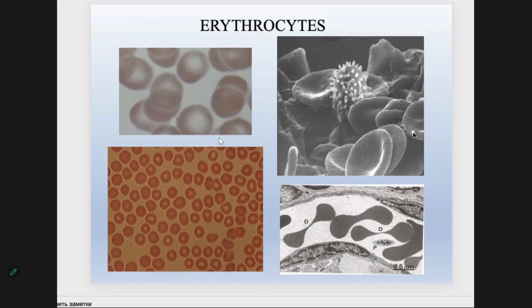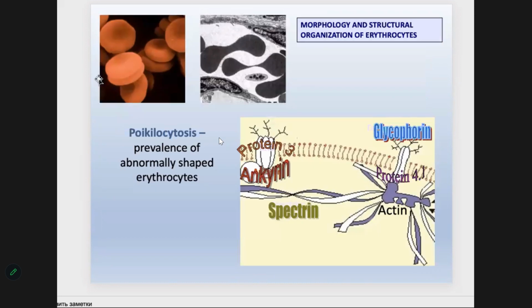But some erythrocytes are spherical in shape and named spherocytes. These disc-shaped erythrocytes are named discocytes. Spherical erythrocytes are named spherocytes, for example. Sometimes the erythrocytes have small projections.